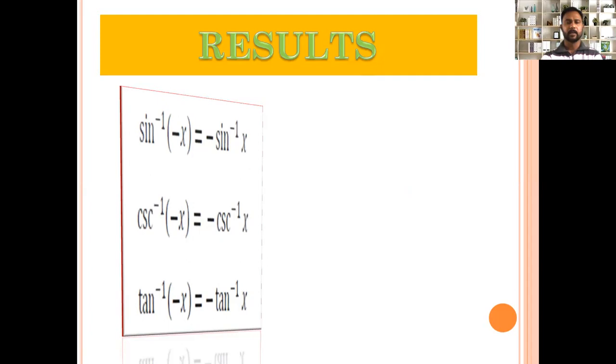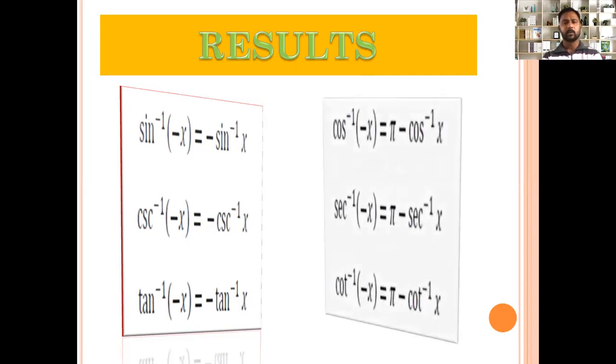On the other hand, the next club is cos inverse minus x, sec inverse minus x, and cot inverse of minus x. In this case, cos inverse minus x is pi minus cos inverse x, sec inverse of minus x is pi minus sec inverse x, and cot inverse minus x is pi minus cot inverse x.